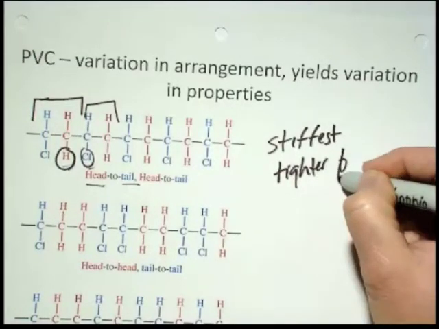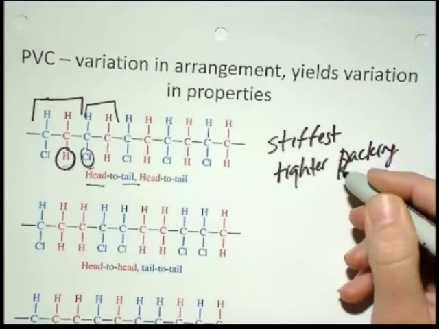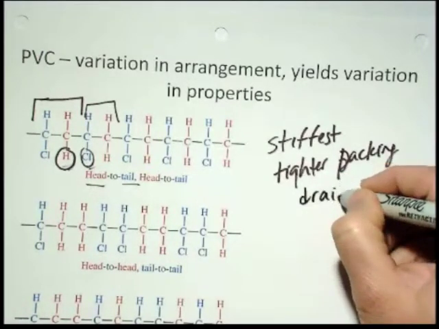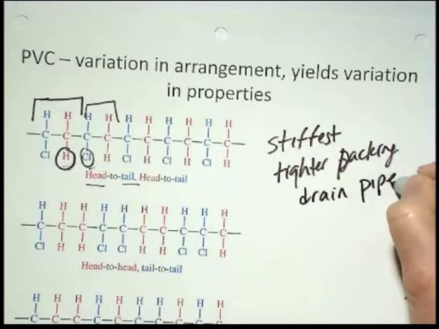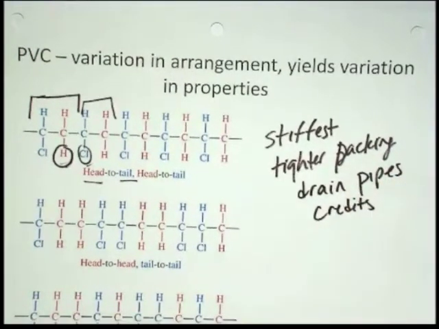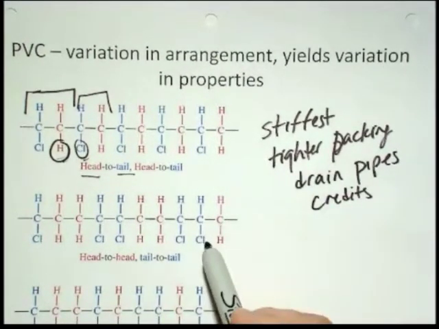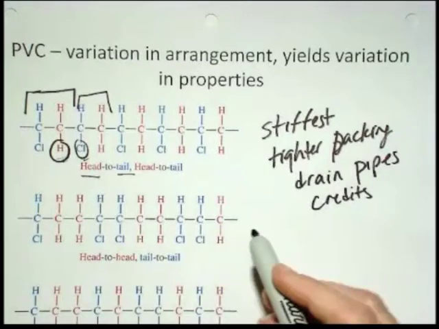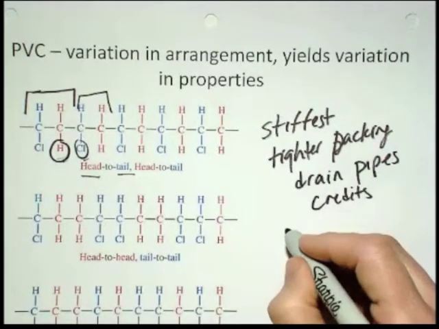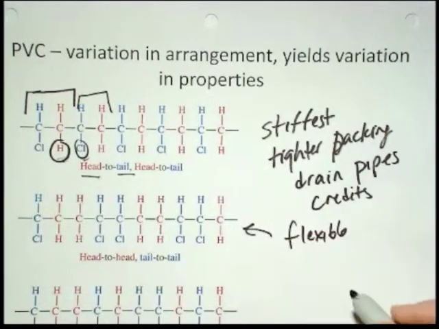So this is the type of PVC that you see in drain pipes. You've heard of PVC pipes. You've probably even seen them before, drain pipes. Credit cards are made out of PVC with this type of head-to-tail arrangement. The head-to-head, since it doesn't pack, is a softer, more flexible type of plastic.